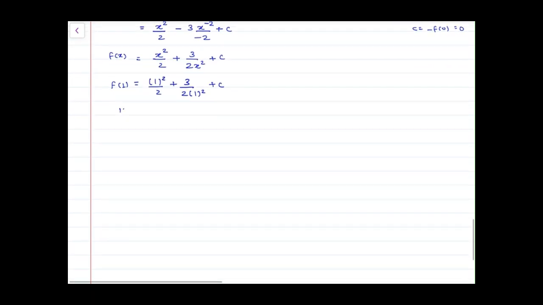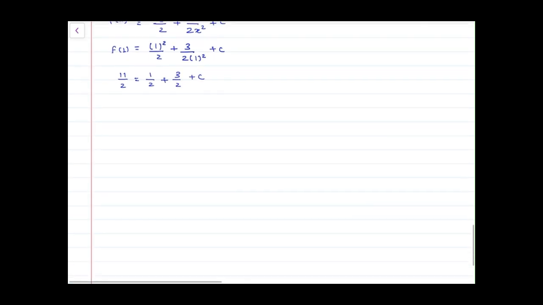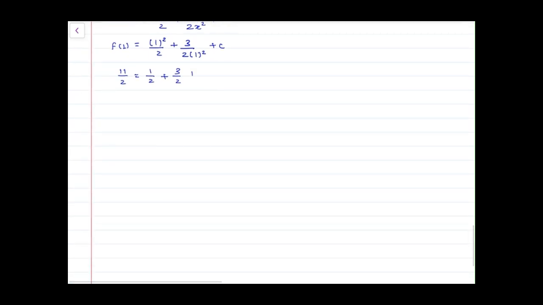Now we have f of 1 as 11 upon 2. We can solve the equation: 1 upon 2 plus 3 upon 2 into 1 plus c, right? Now 1 upon 2 plus 3 upon 2 can be added and we will get 4 upon 2, right? And we need to take that 4 upon 2 to the other side to find c. So it will be 11 minus 4 upon 2 equal to c, and we will get 7 upon 2.